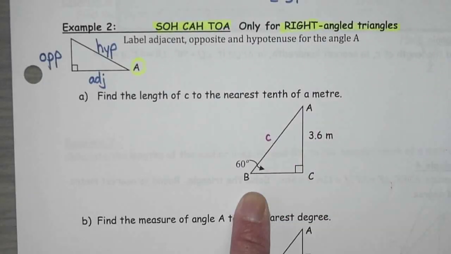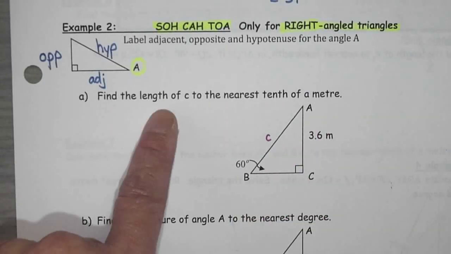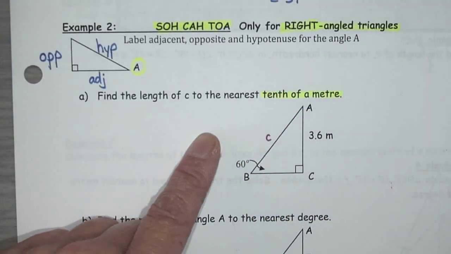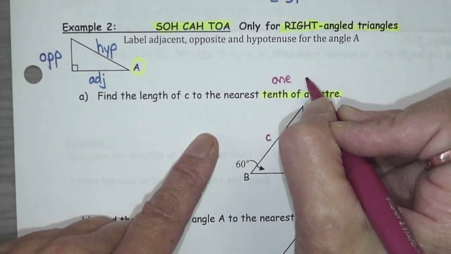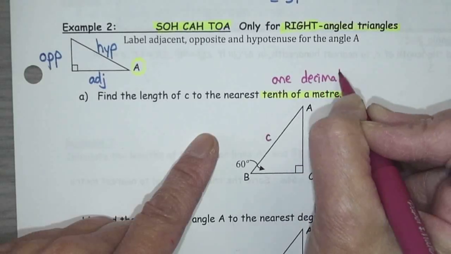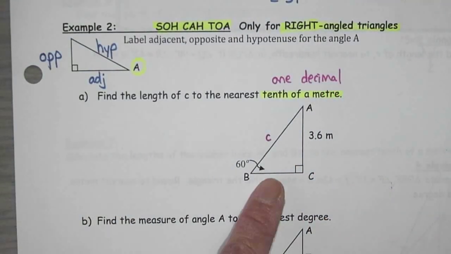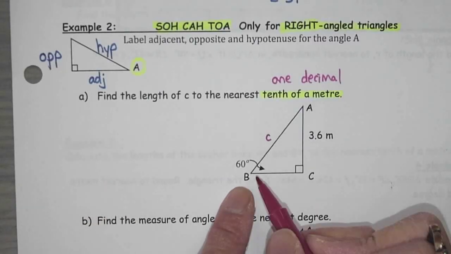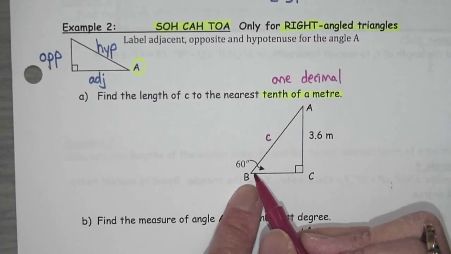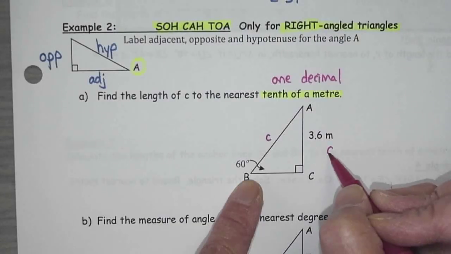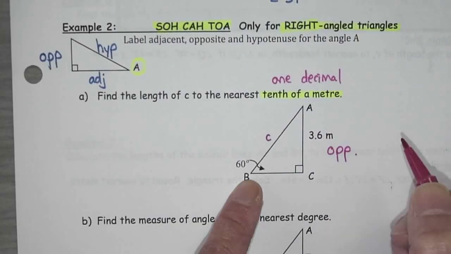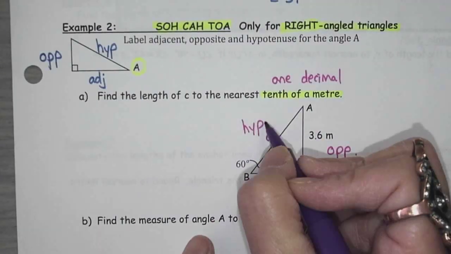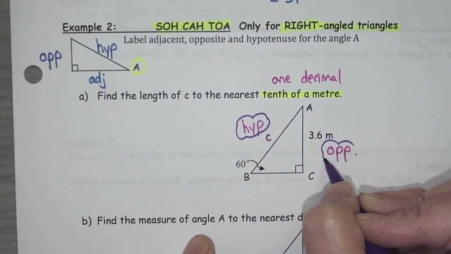Okay, to the nearest tenth of a meter, tenth, that means 1 decimal, right? So we're going to find C to 1 decimal. If this is the angle I gave you, then this one here is the opposite, and this is the hypotenuse. You don't have to do that, but for your brain, you're thinking this.